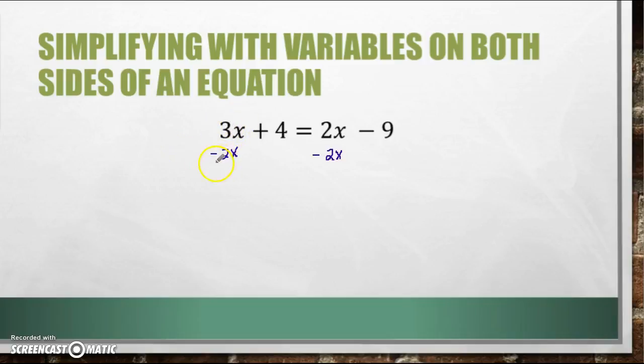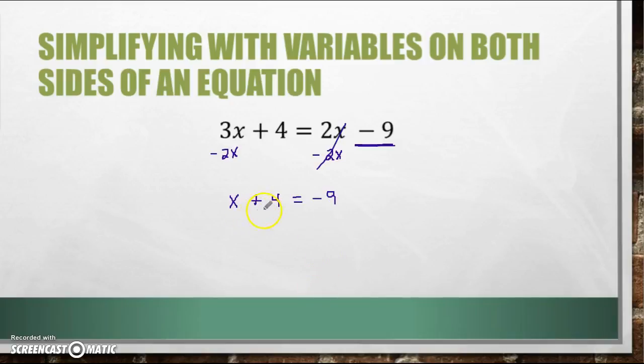And then 3x minus 2x, I just have an x left. And I still have this plus 4, so x plus 4 equals 2x minus 2x. These two cancel off, and I'm left with a negative 9. This subtraction goes with the 9, so it's a negative 9 is what I'm left with.